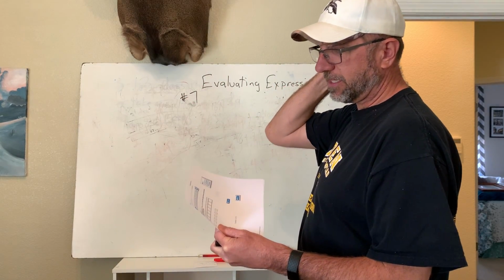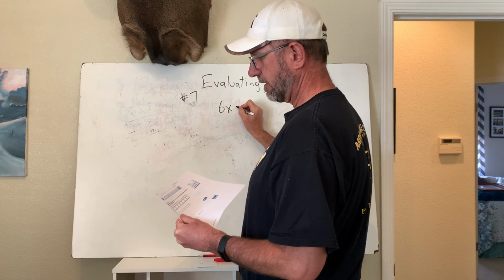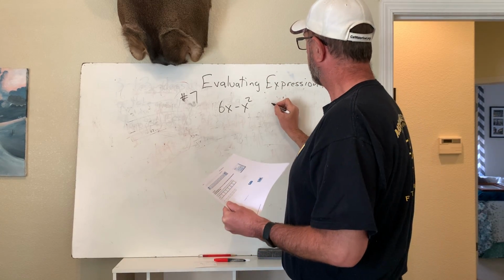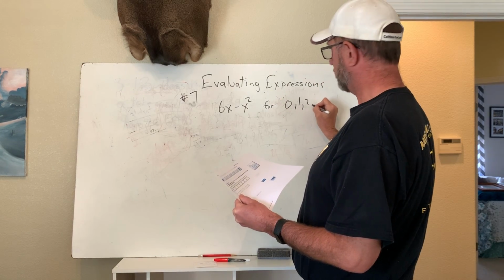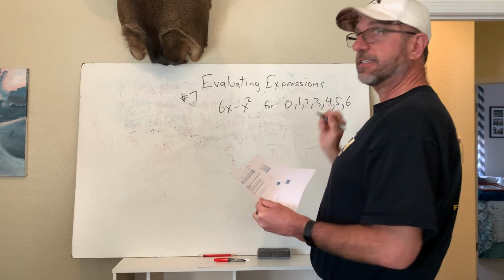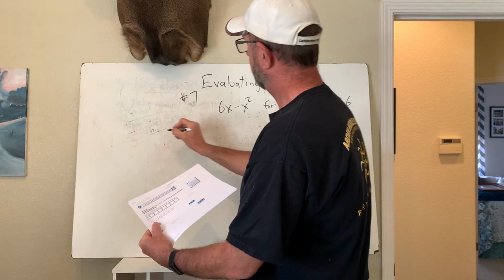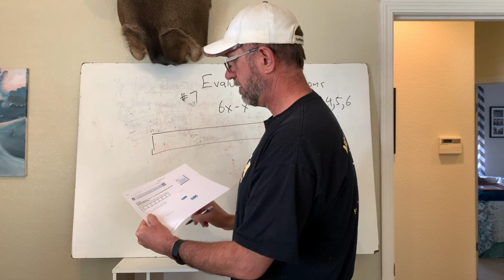Okay, now I'm going to look at question number 7. It says evaluate the expression 6x minus x squared for x equals 0, 1, 2, 3, 4, 5, and 6. Okay? And then it gives you a big data table here for it.